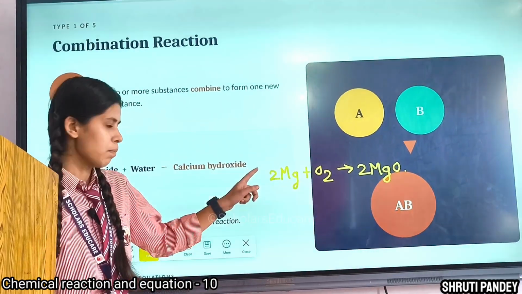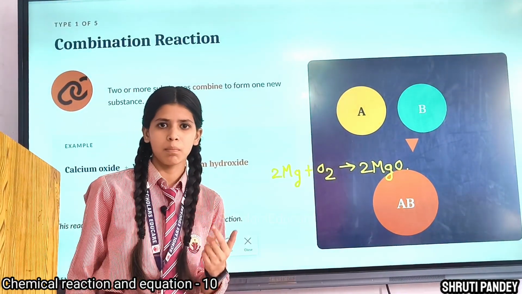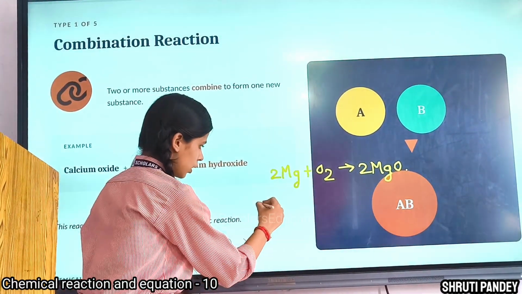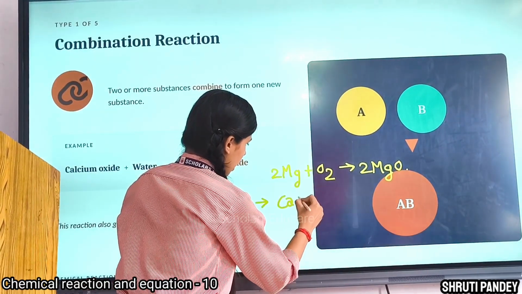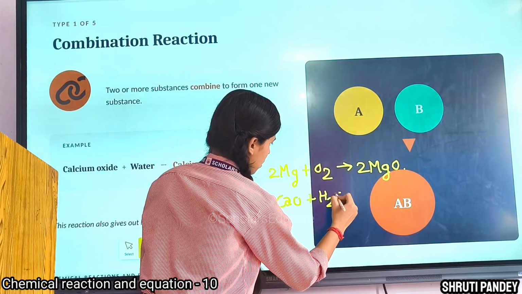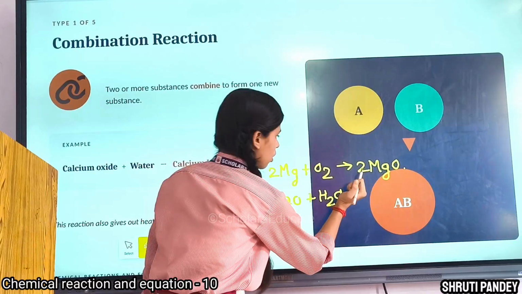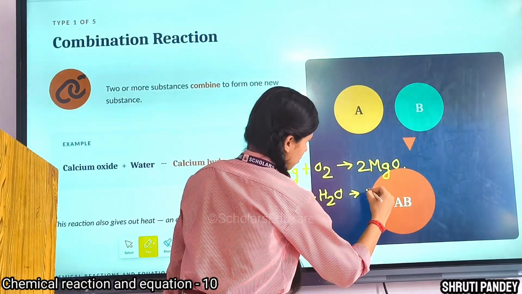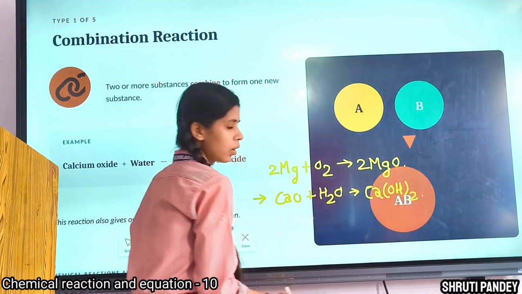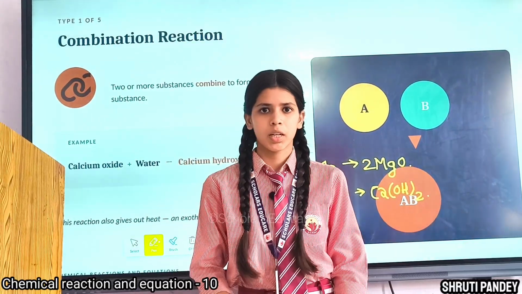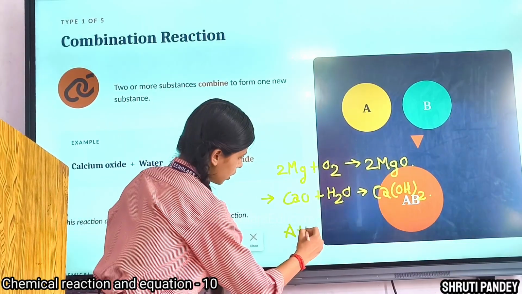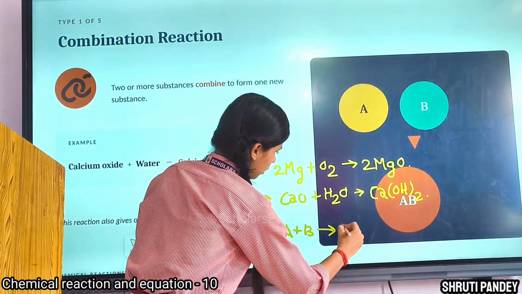Another example is calcium oxide and water combining to form calcium hydroxide. The equation of this reaction is A plus B gives AB.